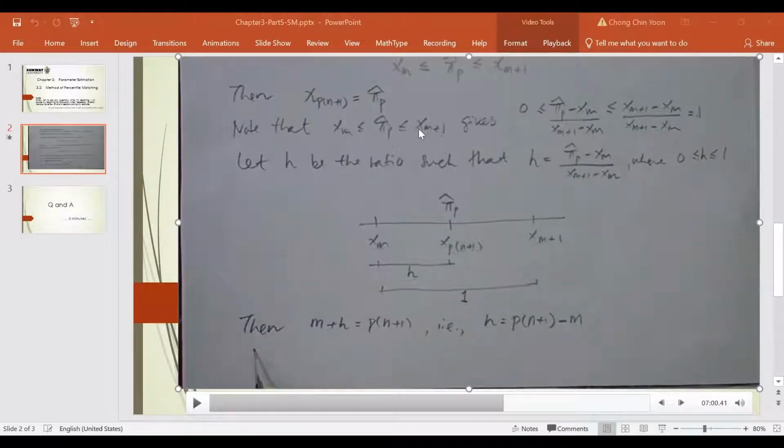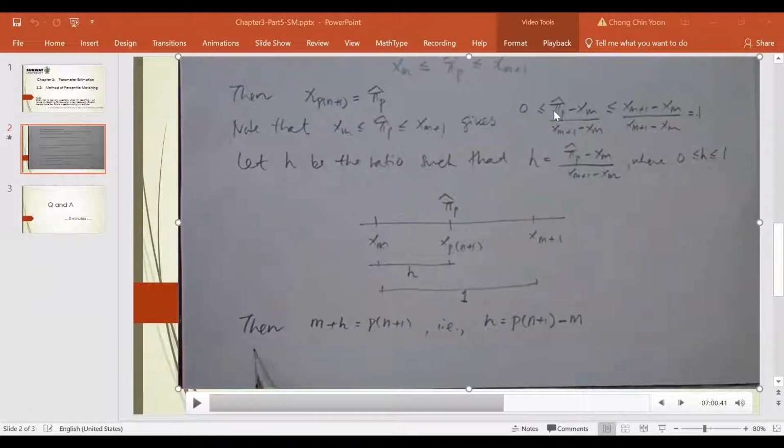From this one, each minus the xm, then divided by xm plus 1 minus xm, so you will have this. Okay, so that means if you let this be h, then h is bounded from 0 to 1. That is here.